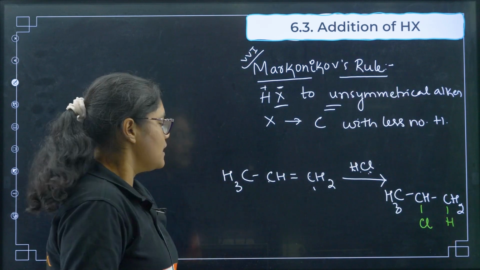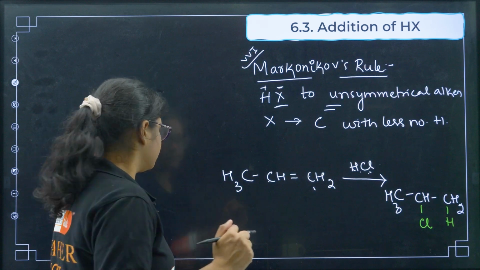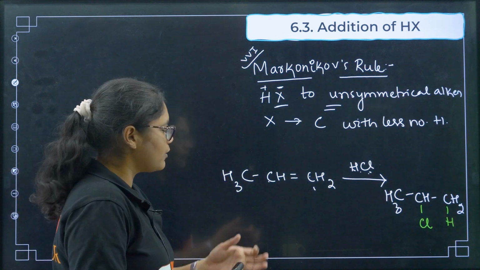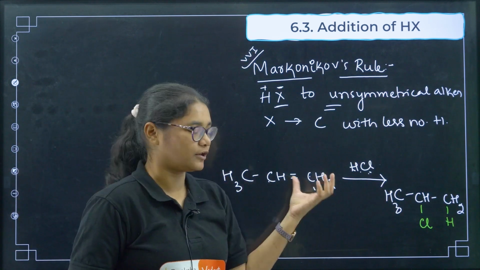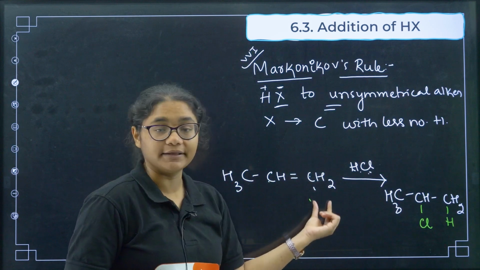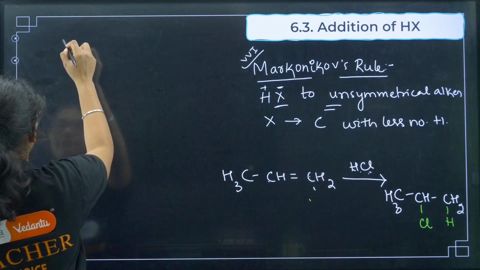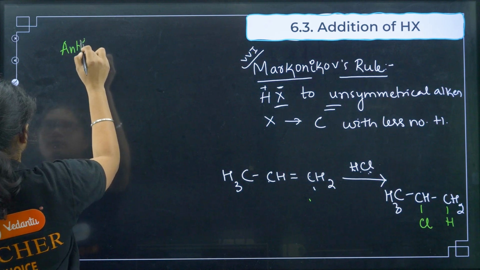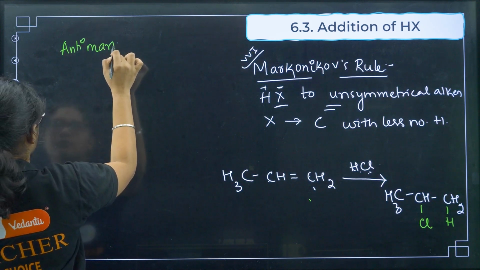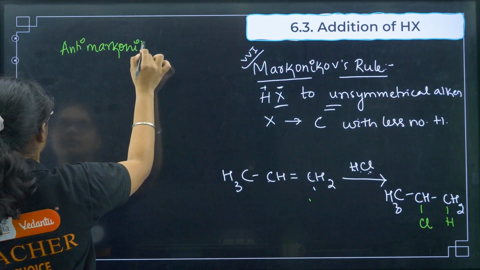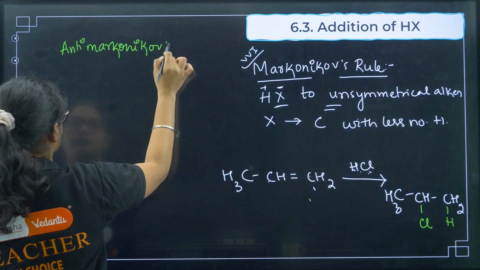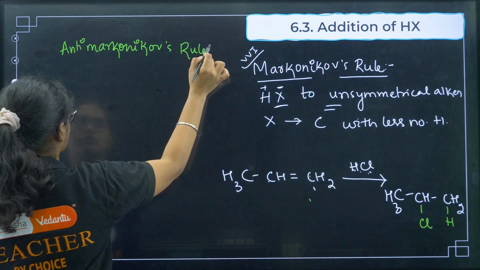Clear? Now suppose you want to add 1 halogen here on the other carbon, then how can you do it? So there is something also called anti-Markovnikov's rule.